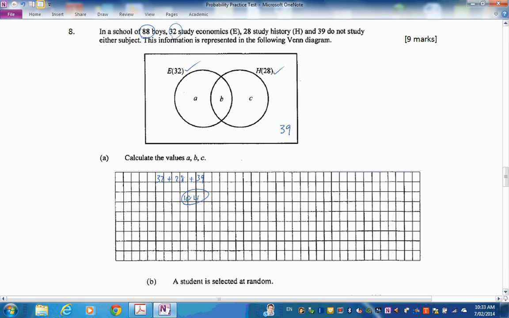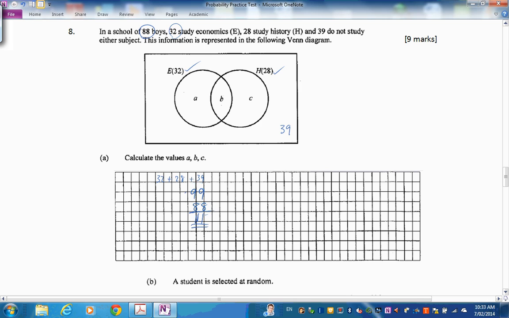We better take 88 away from that. We've got 32, 28, and hang on, I've made a mistake here. That's 99. Okay, so we've got 99 students there, and they're only supposed to be 88. So there are 11 too many.